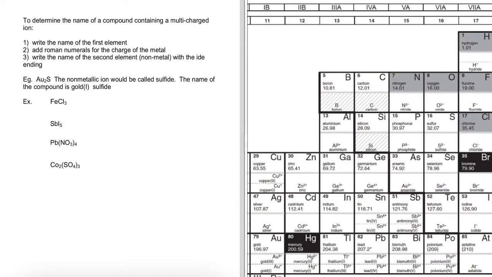The non-metal ion would be sulfide, that's sulfur, and the first element, Au, is gold. They tell us here that it is gold(I) sulfide. How do we know that it's gold 1, not gold 2? Well, we have 2 Au's, and sulfur we know only carries one charge, a 2 minus. So that would mean it gained an electron from each gold. If they each gave up 1 electron, they would both be 1 positive. That's how they came about that.